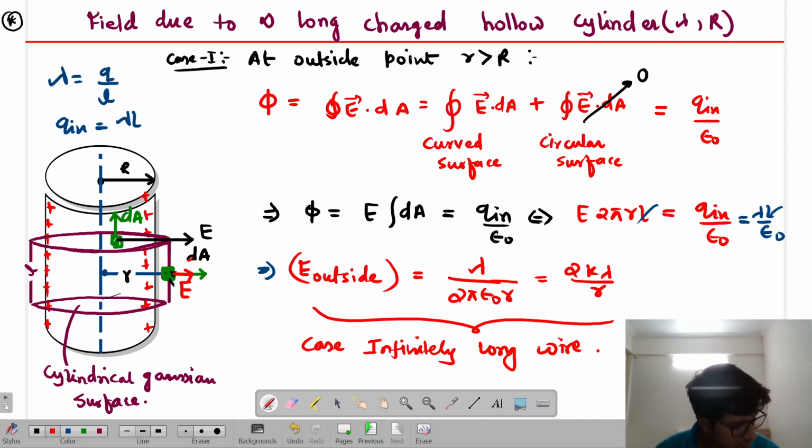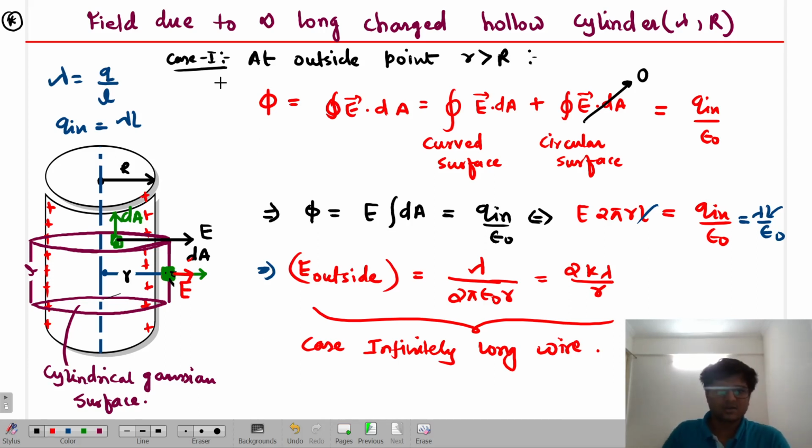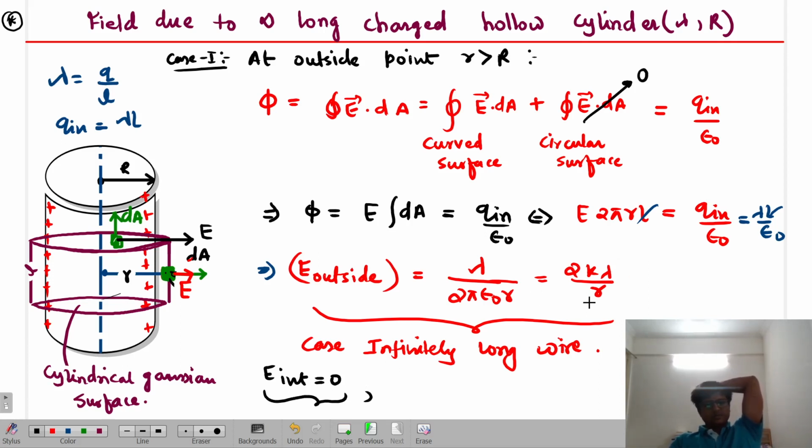So you have to always take care of this. ठीक है ना? So for the outside point, and for the interior case, E interior is 0, simple, and E at the surface will be the same, 2k lambda by capital R. Are you able to get me? ठीक है?